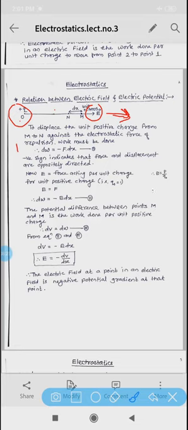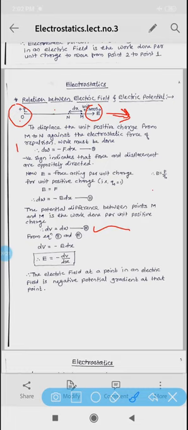The potential difference between the 2 points M and N is the work done per unit positive charge, and therefore dW is equal to dV. Equating equation 1 and 2, we get dV is equal to minus E into dx, and from this equation E is equal to minus dV by dx.